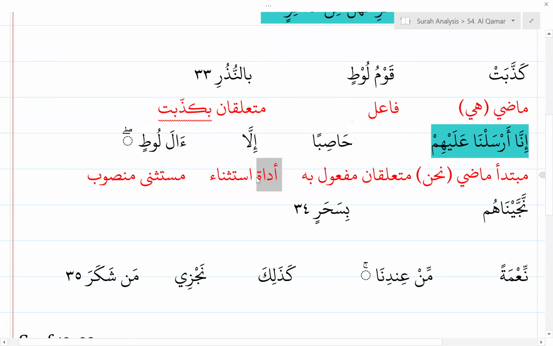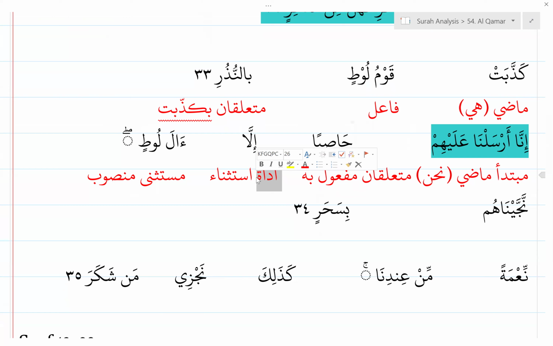You can even say harf istithna here, or adat means both harf and ism. So when you have a combination of harf and ism, then we call them adat, articles, if you will, like tools of istithna. But if it's just a harf, like illa is a harf, you can say harf istithna. Or if it's an ism, you can just say ism istithna, for example. Like when we have istifham, we have adat istifham, we have tools of questioning.